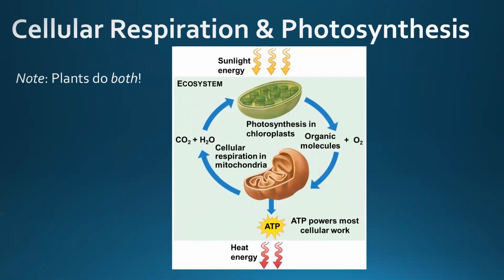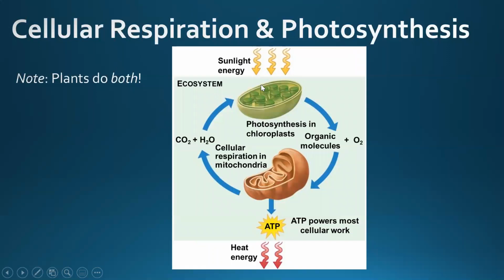Now, if we look at cellular respiration and photosynthesis, you can see that it's a continuous cycle, okay? Plants are able to undergo both reactions because plants have chloroplasts and they have mitochondria.